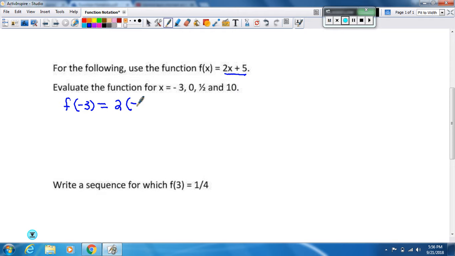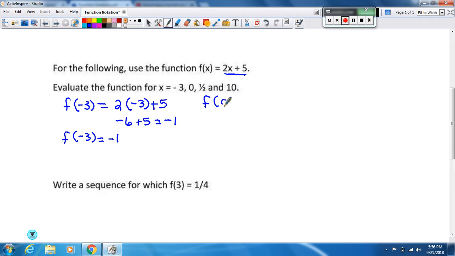So 2 times -3 plus 5. 2 times -3 is -6 plus 5 equals -1. So f of -3 equals -1.